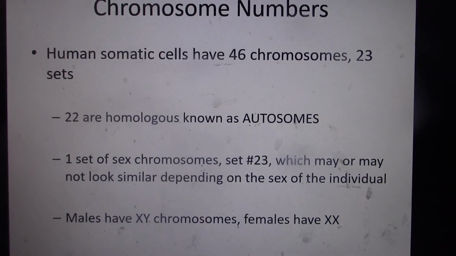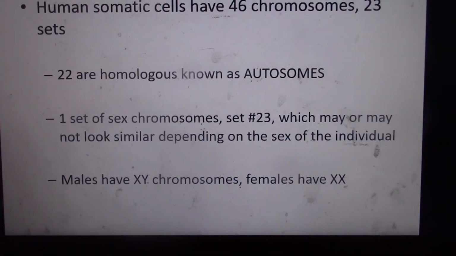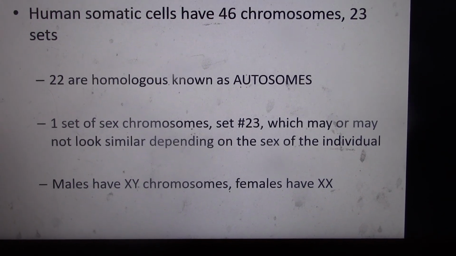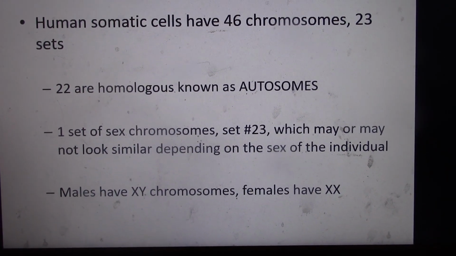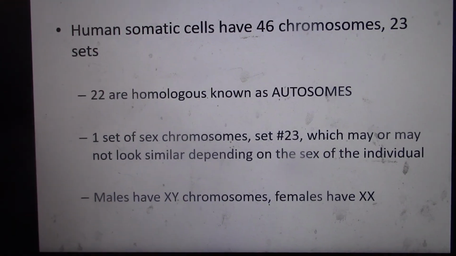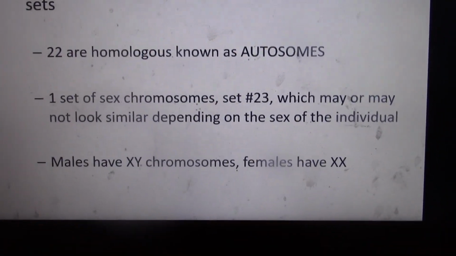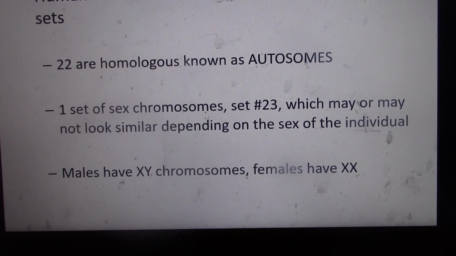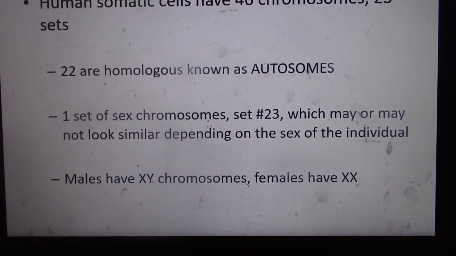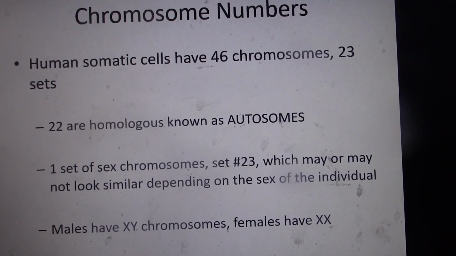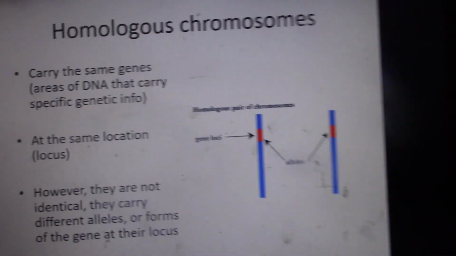Human somatic cells, or human body cells, will have 22 what we call autosomal chromosomes, so chromosomes that don't code for sex organs, and one set of sex chromosomes, the sex determining chromosomes, so the XY or the XX. So we have 23 sets of chromosomes, and that leads to the term ploidy.